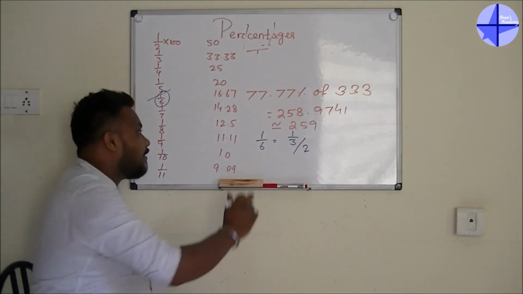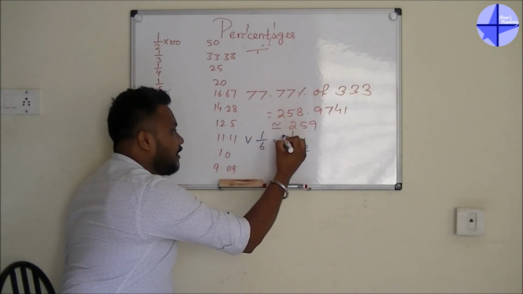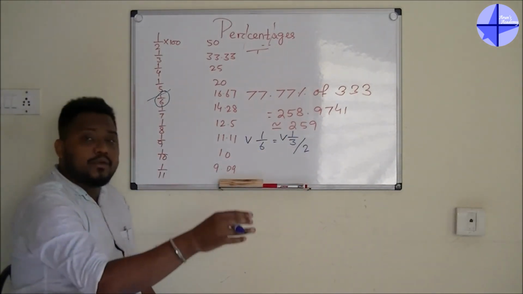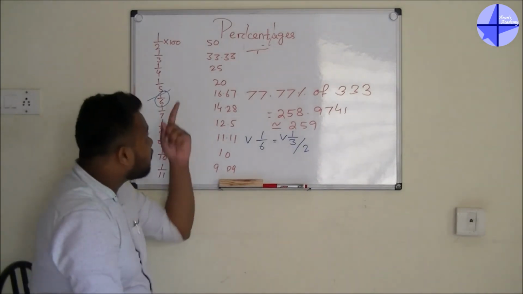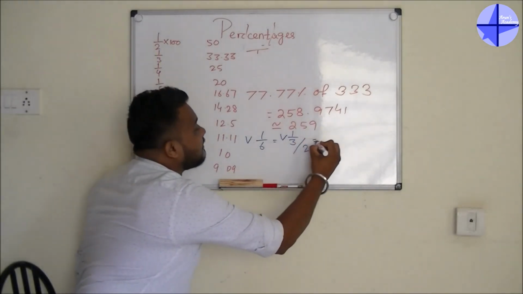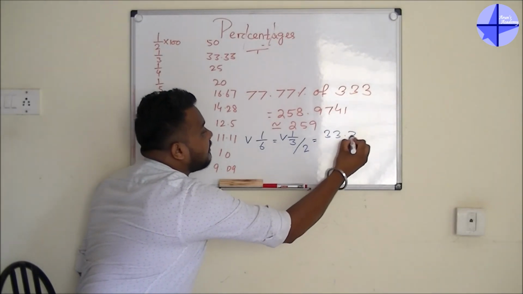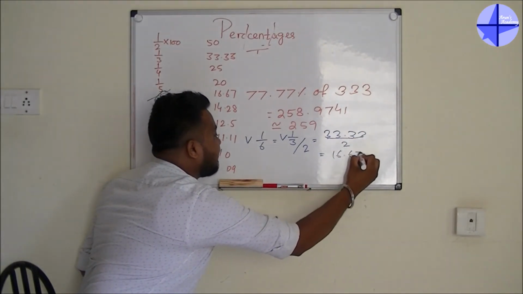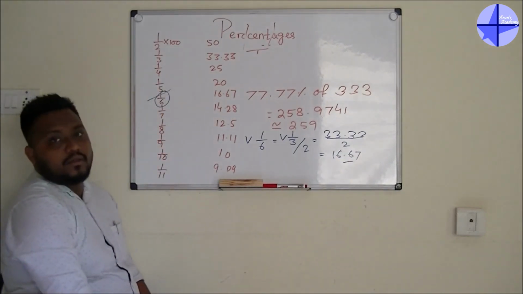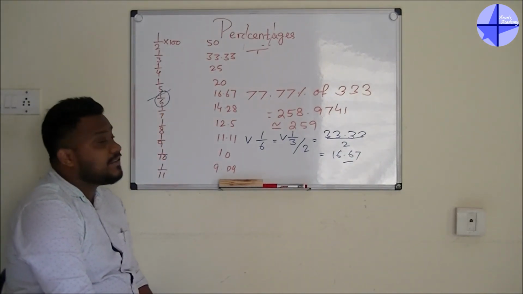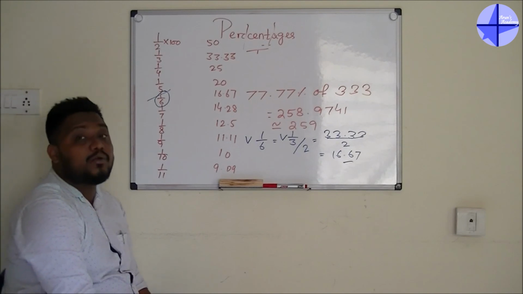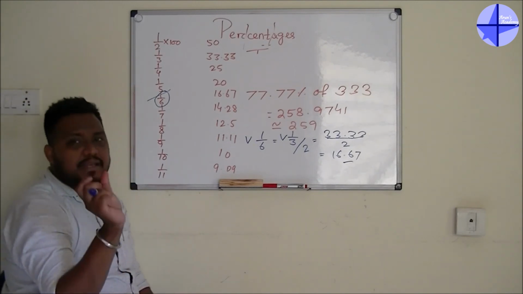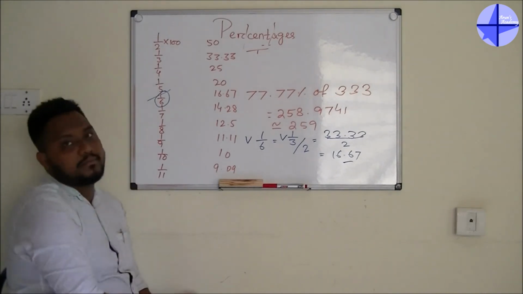You already know the value of 1 by 3, which is 33.33. So write 33.33 divided by 2, and your answer will be 16.67. Guys, this is not a formula. This is a trick for how to remember the percentages table. So I think it is at least 10% easier to remember 1 by 6.